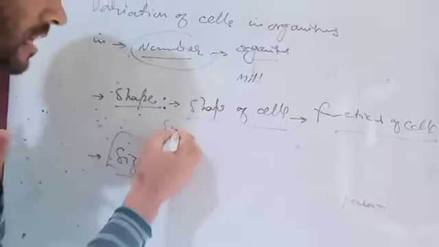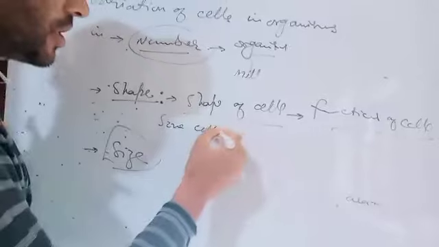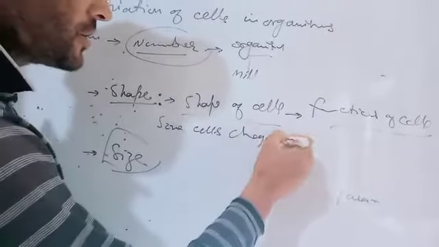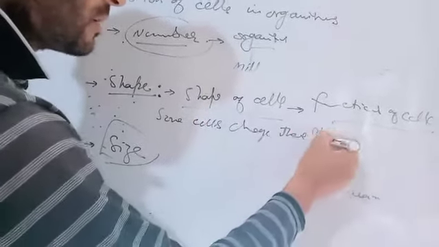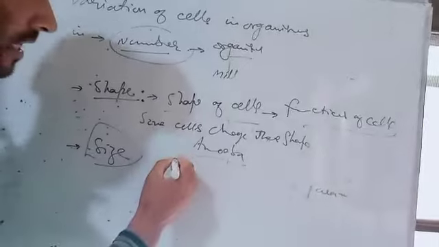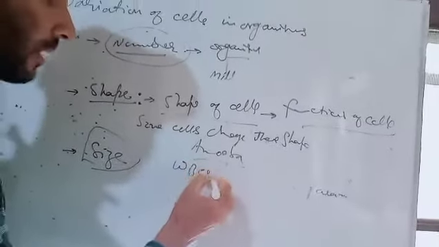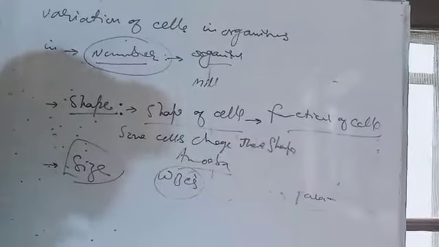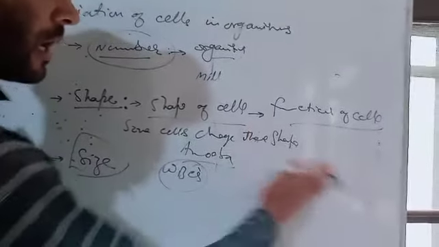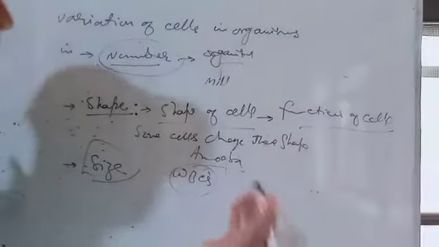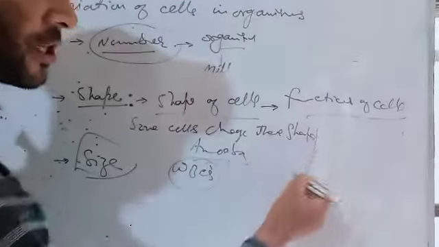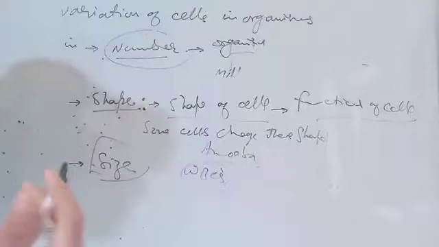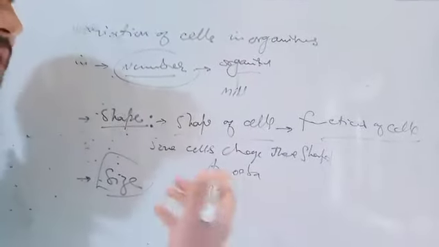But some cells change their shape, like amoeba changes its shape continuously, and the WBCs of your body change shape continuously. But the other cells have a permanent shape, and they perform different functions according to their shape.